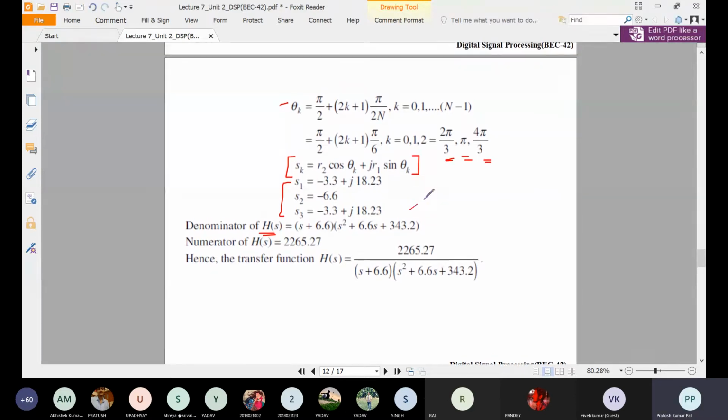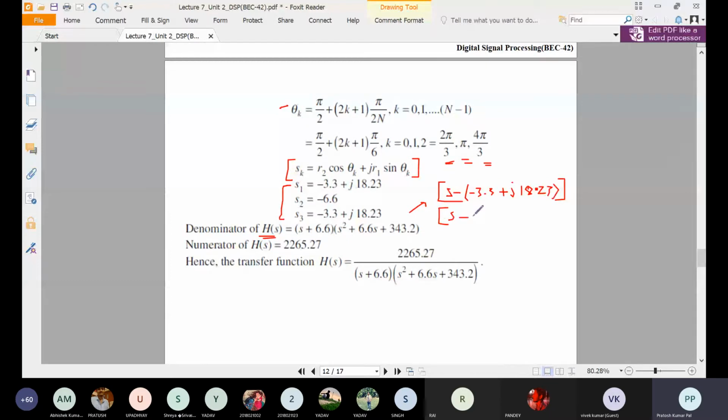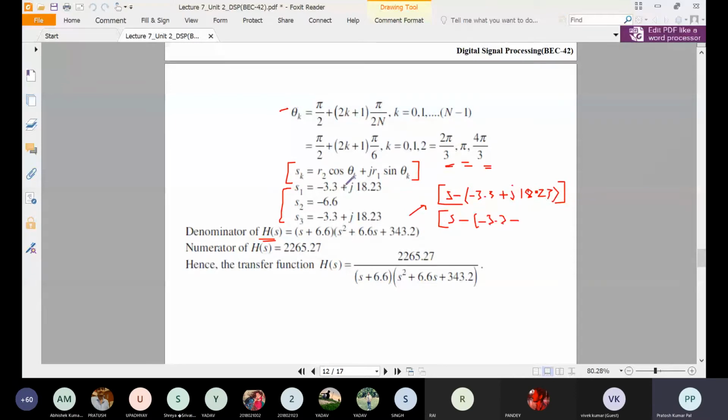The second term will be s minus minus 3.3 plus j18.23. Similarly the third term will be s minus minus 3.3, but instead of minus it will now be plus. So there is a mistake, either of these two will be a minus. One of these two will be minus.